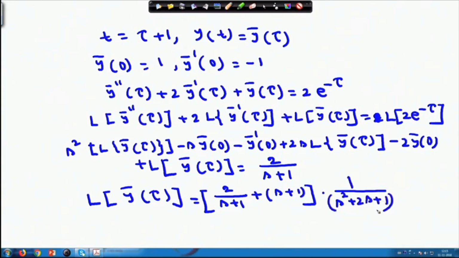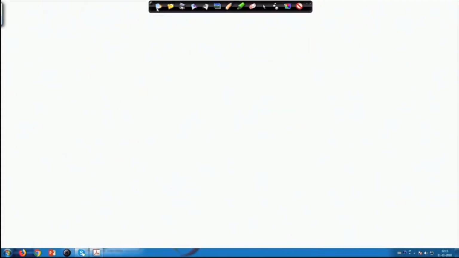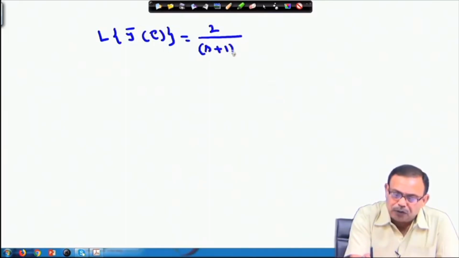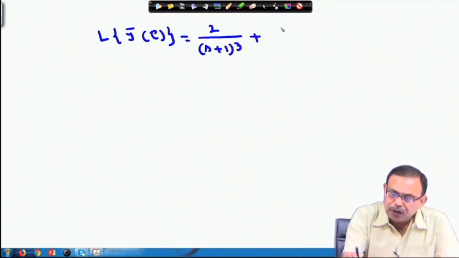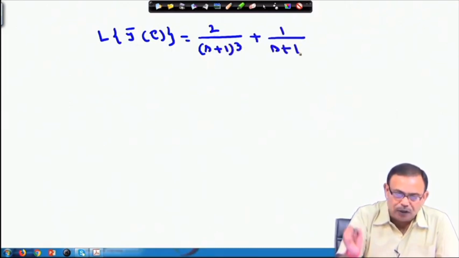If I simplify this, I will obtain Laplace transform of y bar tau equals 2 by s plus 1 whole cube plus 1 by s plus 1.